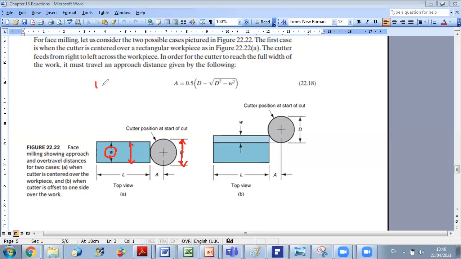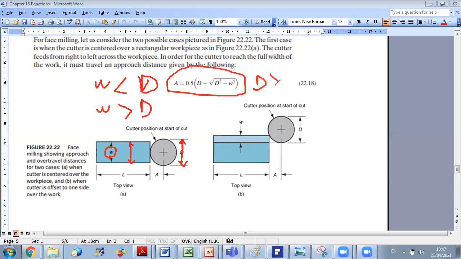You can have W smaller than D, or W larger than D. Depending on the case, the formula of A will be different. For example, in this formula, it is clear that it is applicable for D larger than W, because if D is smaller than W, you will have the square root of a negative number.